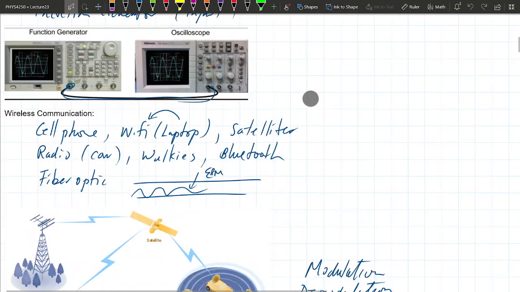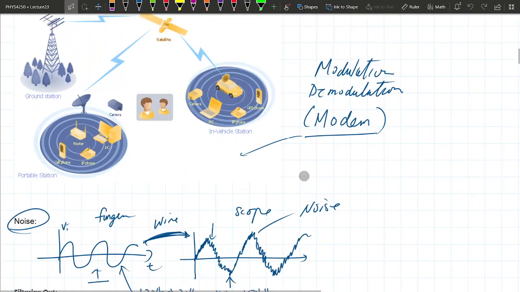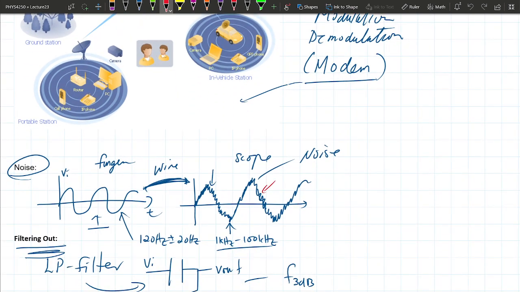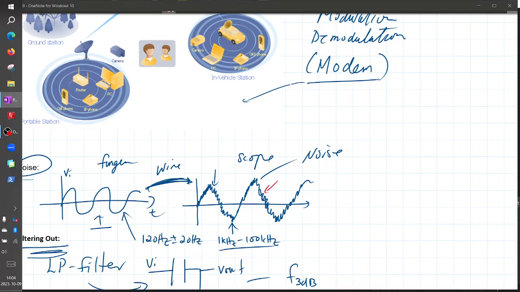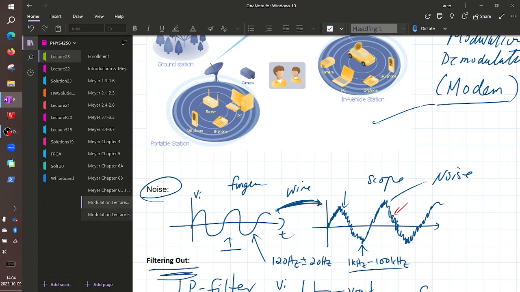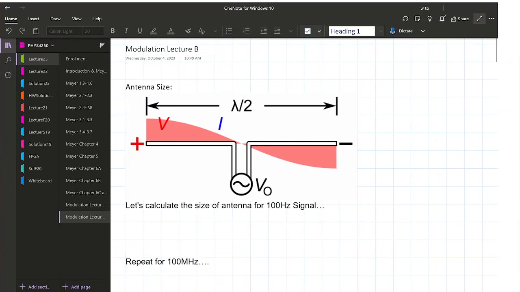You're able to send it with high frequency and therefore reduce the amount of noise that will interfere with your signal. And there's one more thing I forgot to mention on Wednesday, which is the size of the antenna.